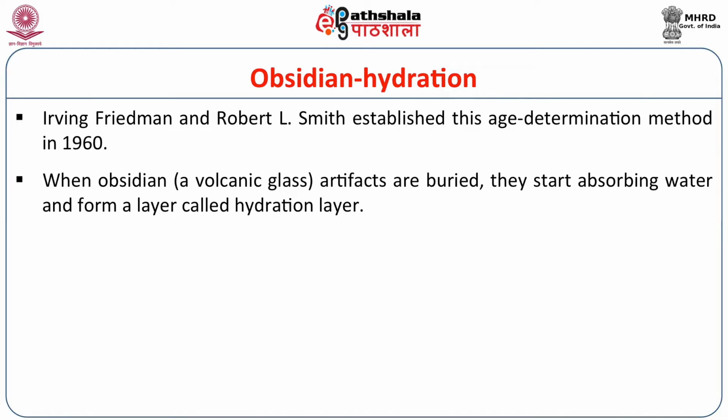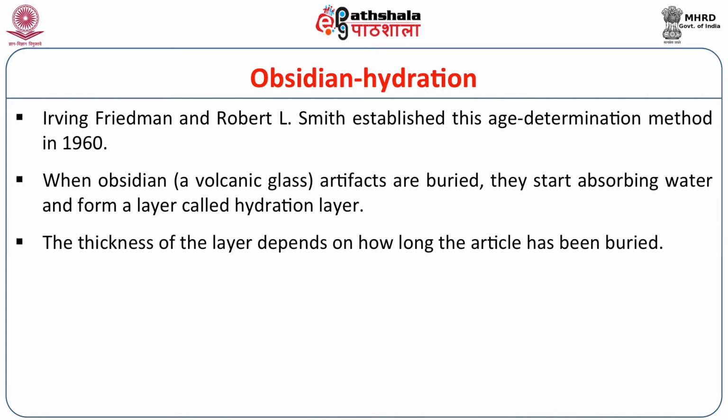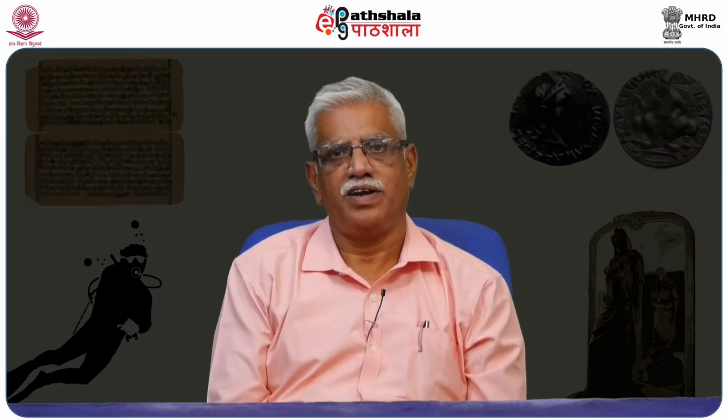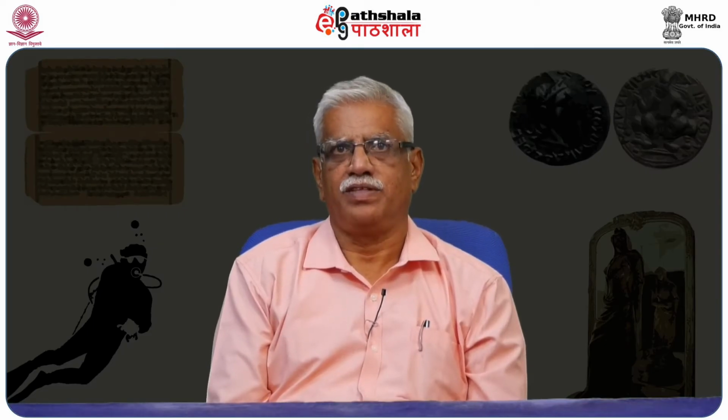Because it is a water layer, we call it a hydration layer. The thickness of the layer depends upon how long the particular object has been buried in the soil. The sample is dated by measuring the thickness of the hydration layer. Based on that, they date the material. So this is another method.